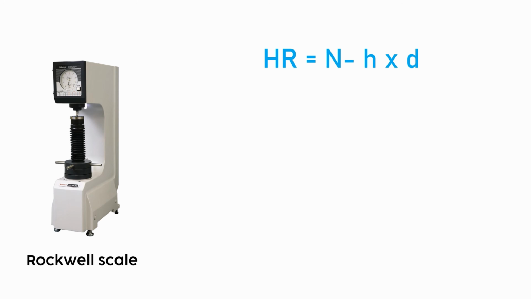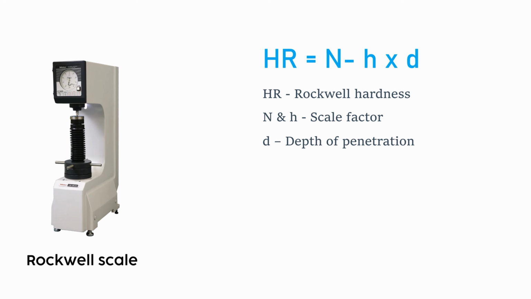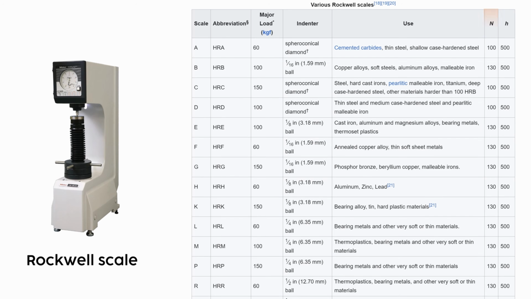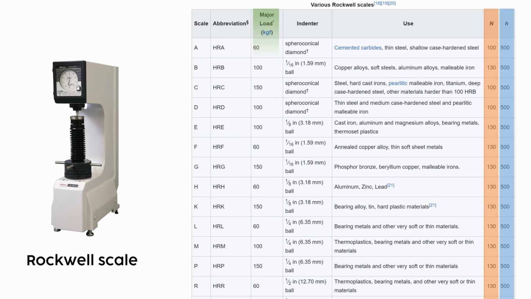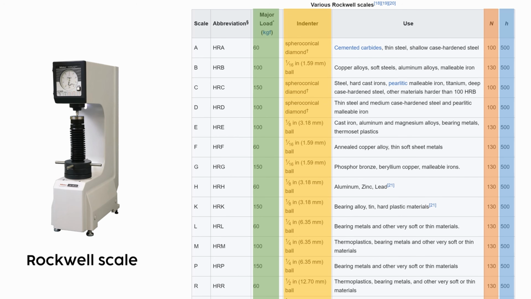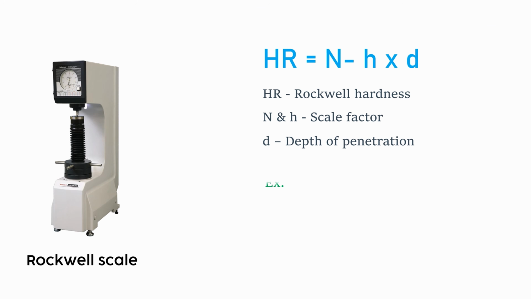And here is the formula to calculate Rockwell hardness, where HR is the Rockwell hardness, and N and H are scale factors, specific constants for each scale, because different scales use different applied loads, types of indenter, and sizes of indenter. For example, let's say we have to measure the hardness of a steel piece in the HRC scale, and we obtain a penetration depth of 100 micron, 0.1 mm.